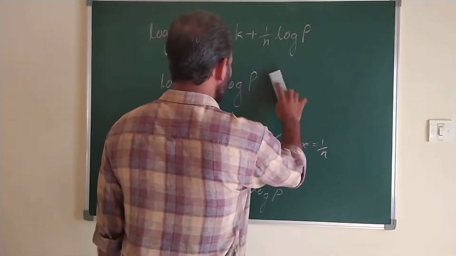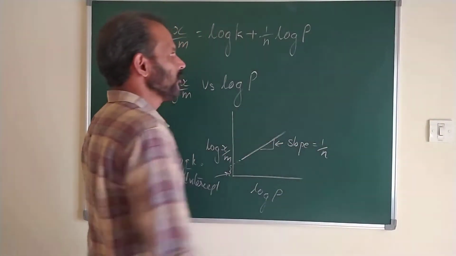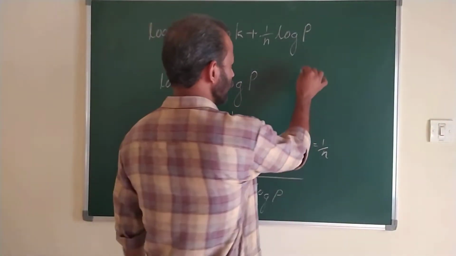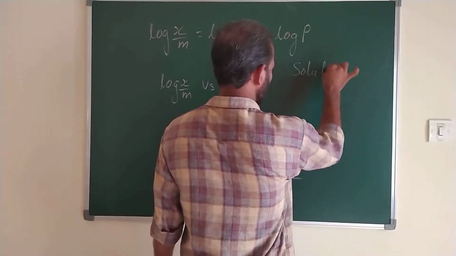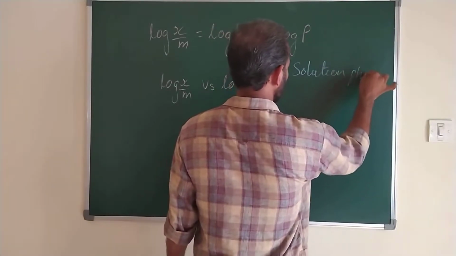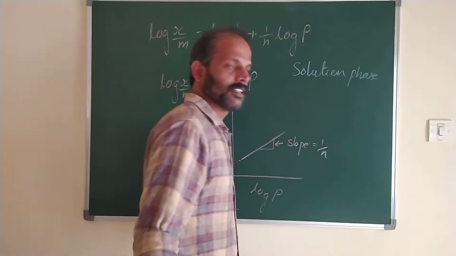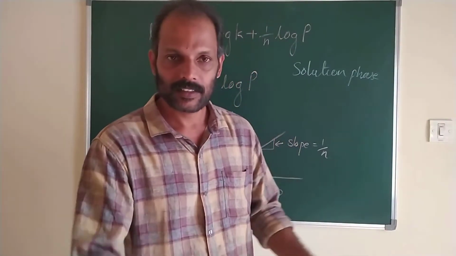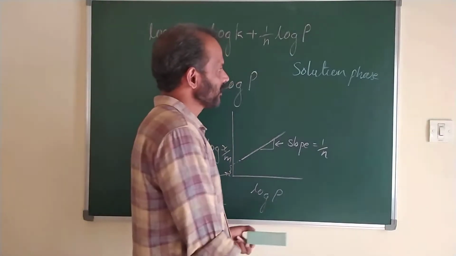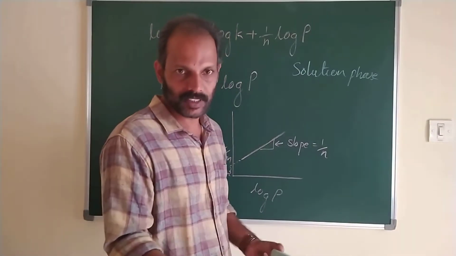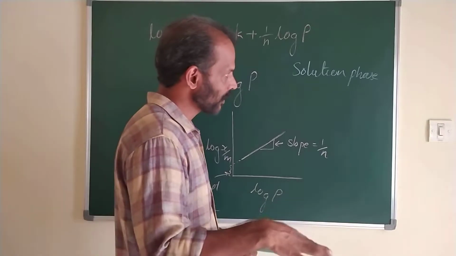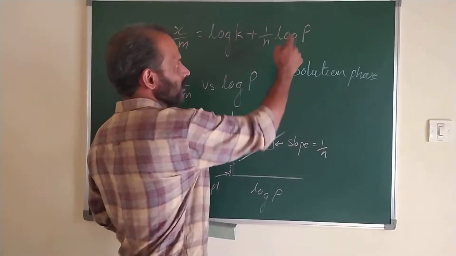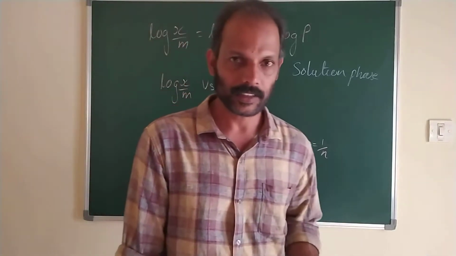Not only that, for adsorption from solution phase, when the adsorbate is in dissolved state and we are adding some adsorbent and adsorption takes place in solution phase, then instead of pressure we are using concentration.